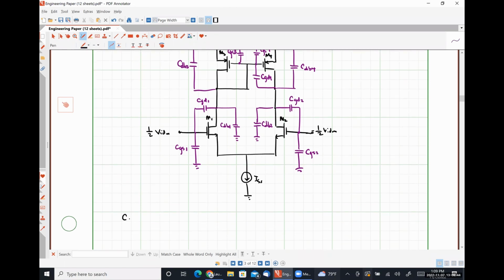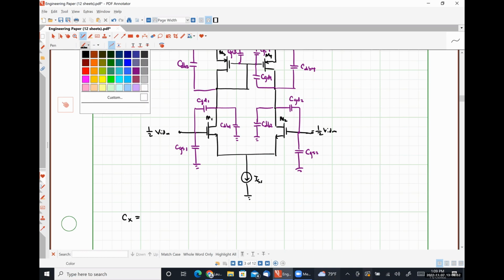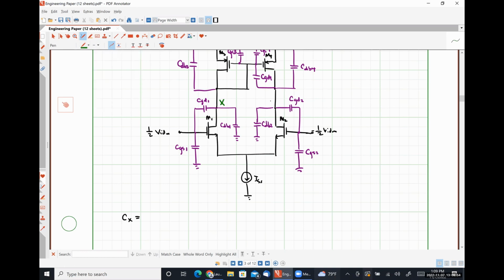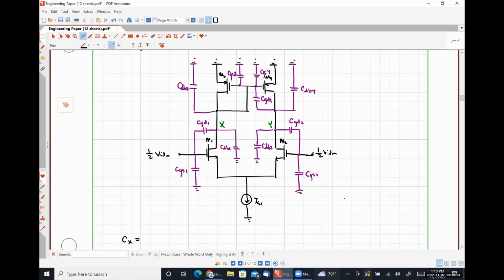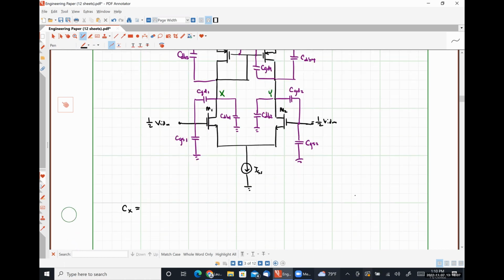So let's start with CX. We're looking for capacitances between CX and ground, where here is X and here is Y. So let's start with the obvious ones. CDB1 is obviously between node X and ground.